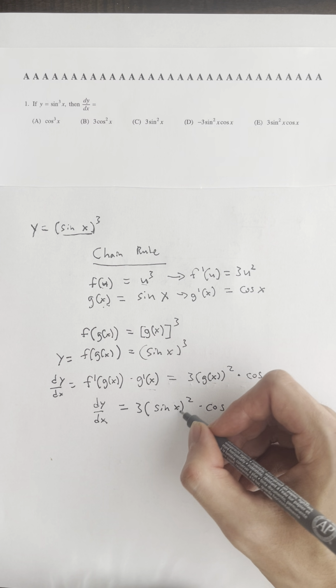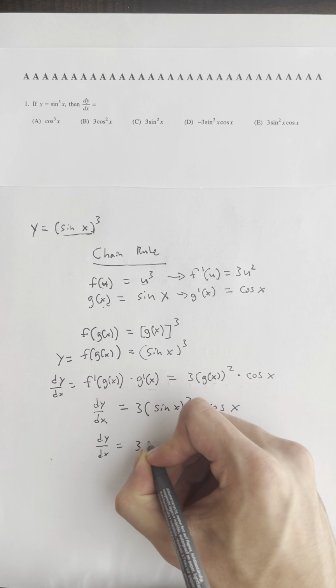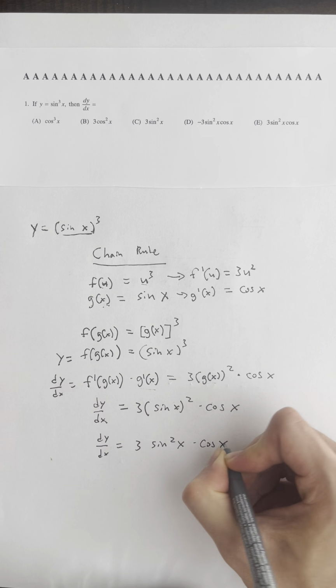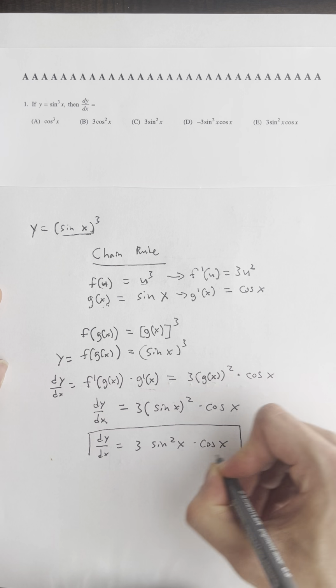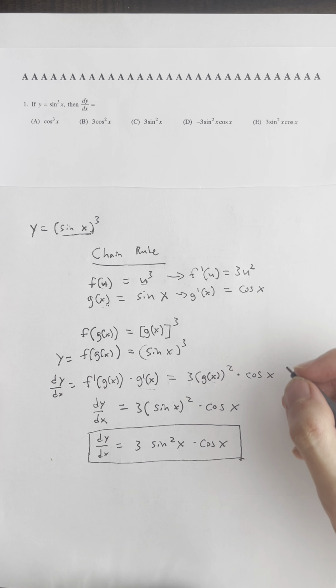So sine x squared would be sine squared x. Which answer choice is it going to be? It's going to be answer choice E.